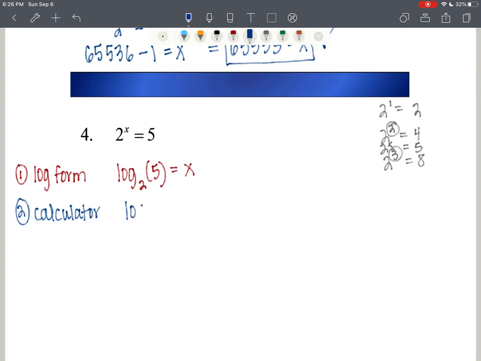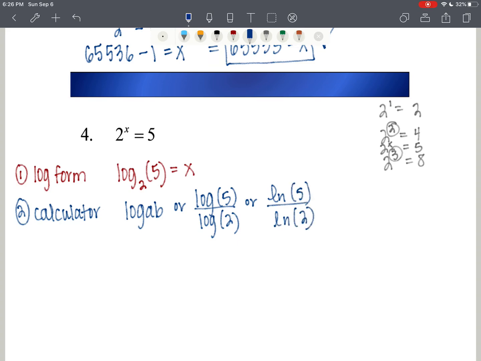I can use log AB, or I can say the log of 5 divided by the log of 2, or I could say the natural log of 5 divided by the natural log of 2. And when I put that into my calculator, I'm going to get approximately, it's going to be between 2 and 3. So try putting that into your calculator.